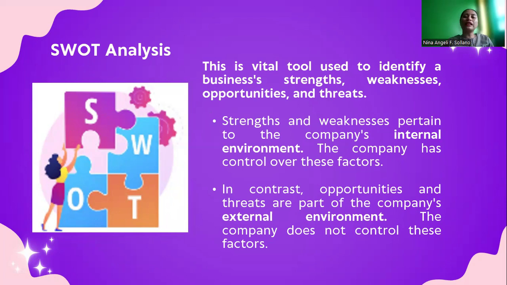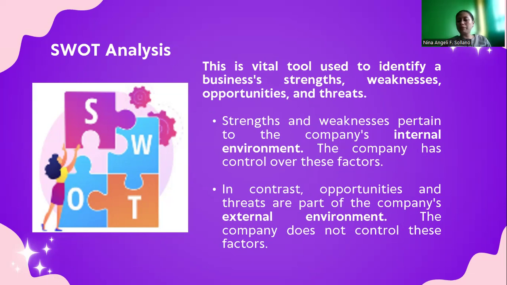When we say SWOT, it stands for S, strengths, W for weaknesses. So the two will always be with each other. And then in contrast with it are the opportunities and the threats as well. So when we say strengths, we also have weaknesses. This is part of the internal, which you can control. While the opportunities and threats cannot be controlled in the company.